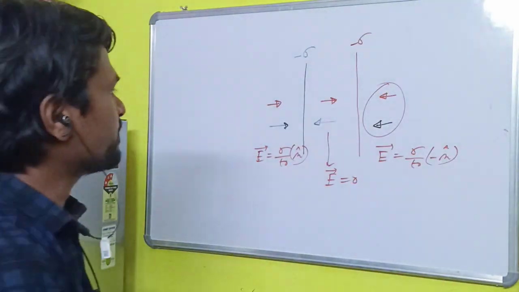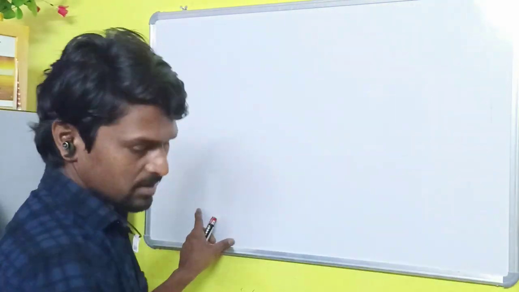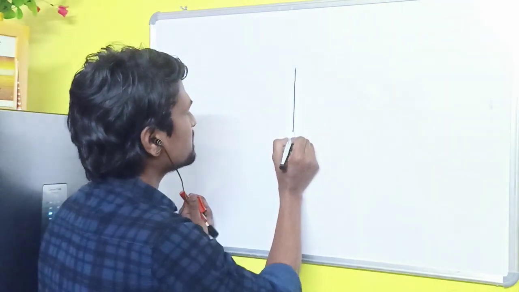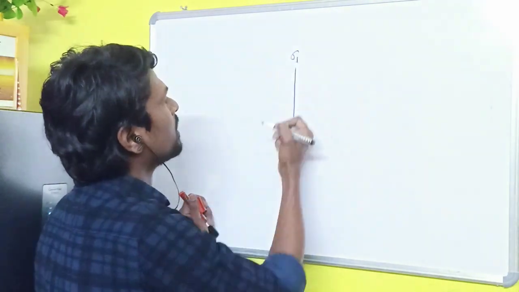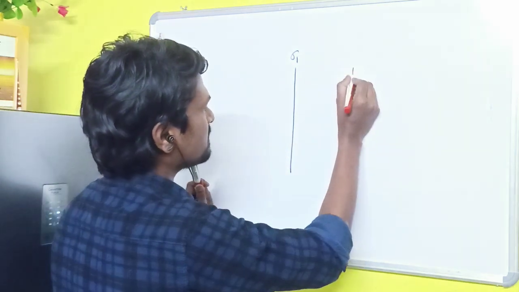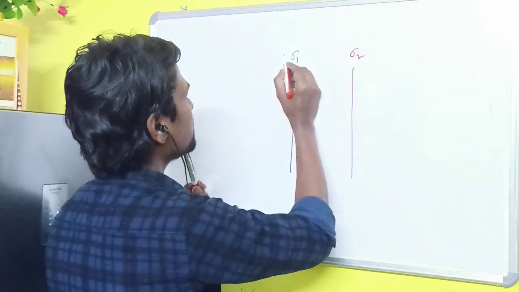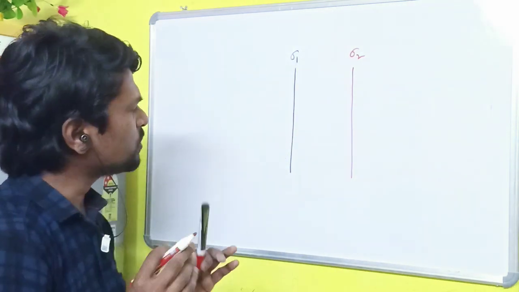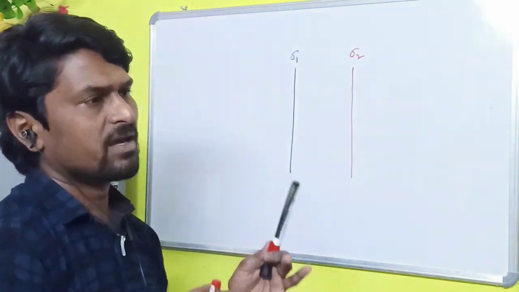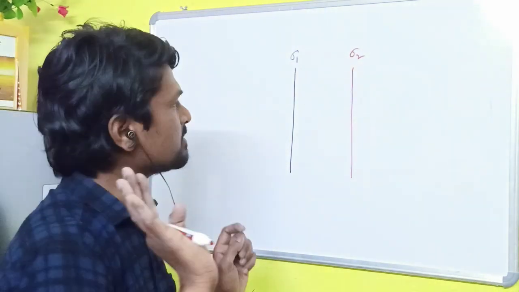So we can consider the distribution as sigma 1 and sigma 2. I think these are all positive, and if one is negative and one is positive, then the direction is more vital.